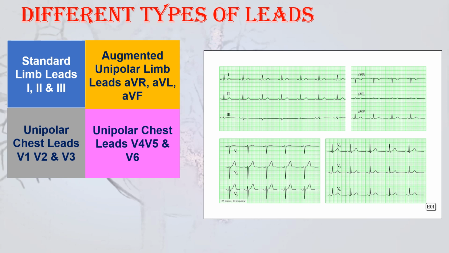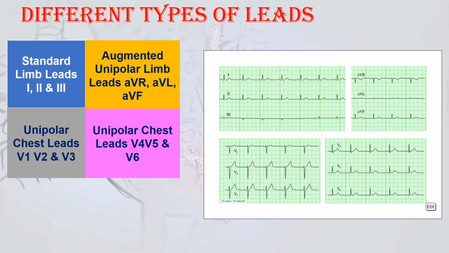Then the second category is the augmented unipolar limb leads, that is AVR, AVL and AVF. AVR is the lead placed on the right arm, AVL is the left arm and AVF is the left foot or left leg. Then the unipolar chest leads V1, V2, V3 and V4, V5, V6.